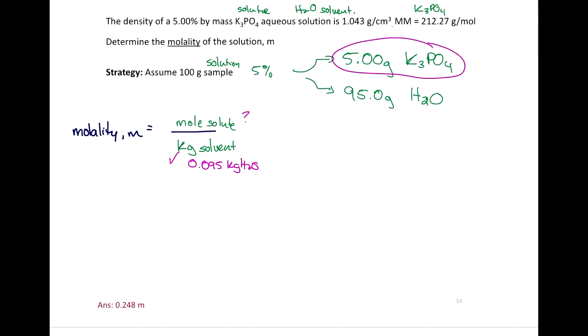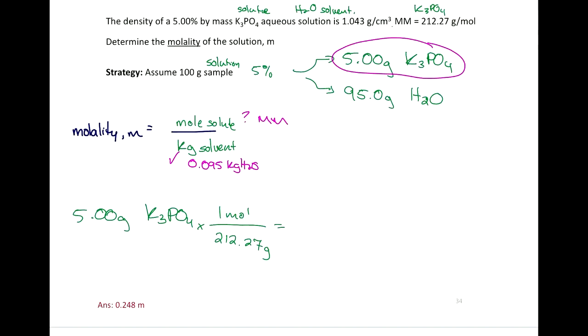So let's go ahead and get that using molar mass. We're going to take that 5 grams of salt, K3PO4, times molar mass. Molar mass has a unit of grams per mole, so that 212 is going to go in the denominator, and 1 mole will go up top, so we're dividing by molar mass.